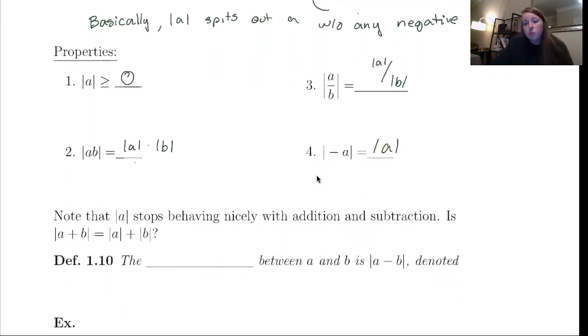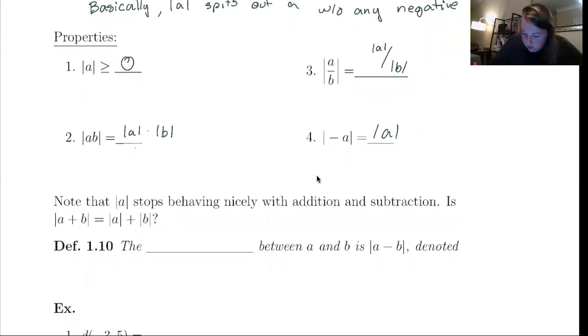So those things were all really nice, but note that the absolute value stops behaving nicely with addition and subtraction. So is the absolute value of A plus B equal to the absolute value of A plus the absolute value of B? Think about if A was 2 and B was -2. All right, so it doesn't, right?